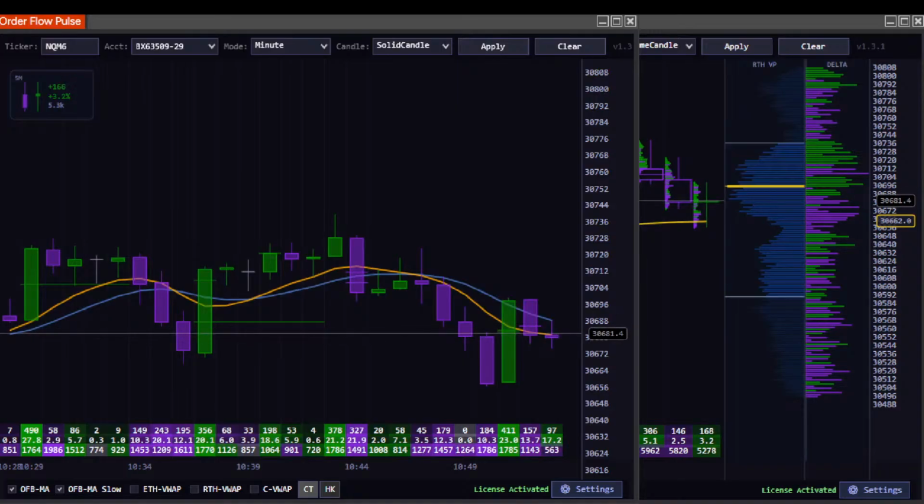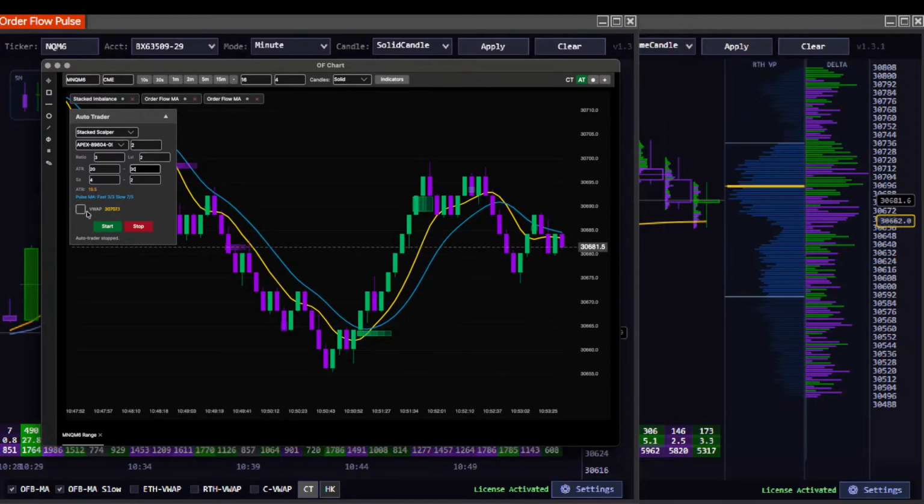I think what I'm going to do is remove this option for the VWAP, and I'm going to put in options for short, long, both.